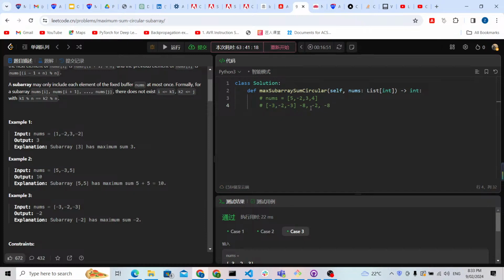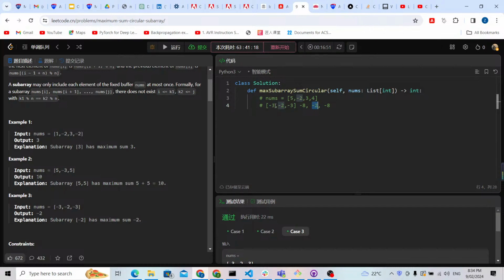But if all the elements are negative values, we cannot use the formula like that. We have to check: if the sum of the values equals the minimum prefix sum, this means we have to take the maximum value of the array, so it is -2.